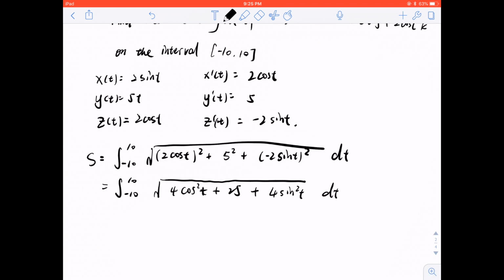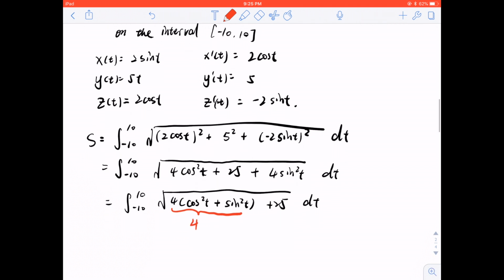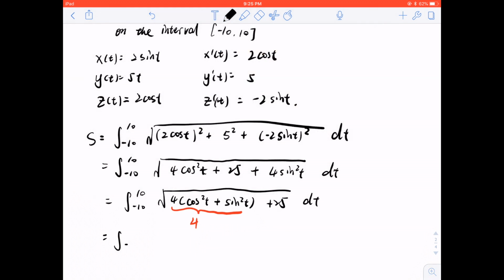From the trigonometric identities we learned before, you can simply tell that this is 4 times (cosine squared t plus sine squared t) plus 25, and this part is just 4 because cosine squared t plus sine squared t is just 1. And then we get the integral from -10 to 10 of the square root of 29 dt. And this is, in the end, just 20 square root of 29.